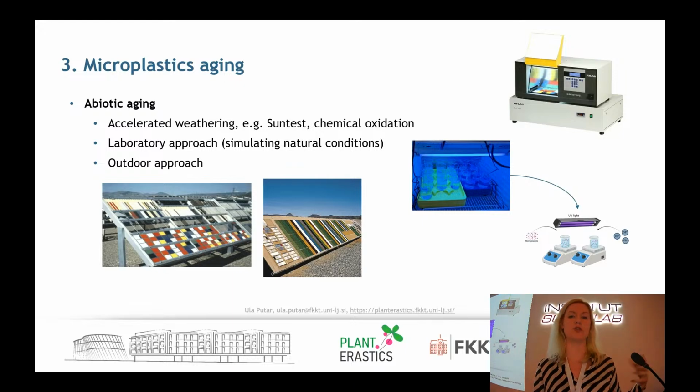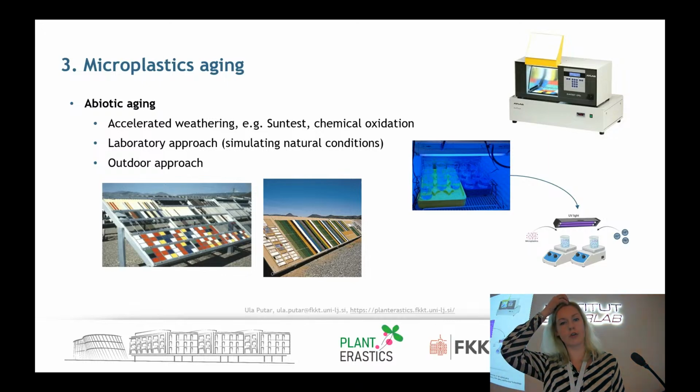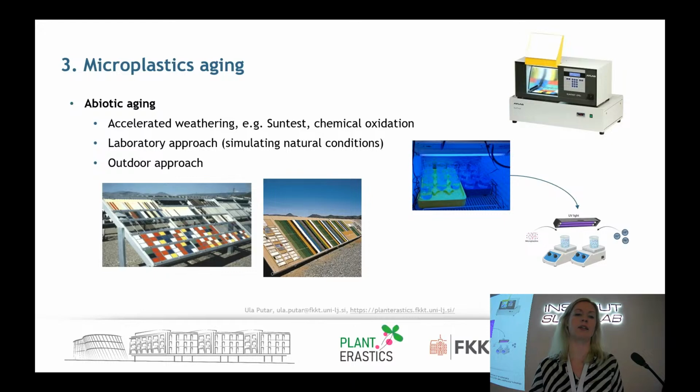Abiotic aging is usually when we are talking about some accelerated aging, some oxidation, some mechanical damage, and you can do it in some chambers. This is also what we already heard about, to use some Suntest tests or also to do some chemical oxidation, for example, with the Fenton oxidation, hydrogen peroxide in combination with UV light and so on.